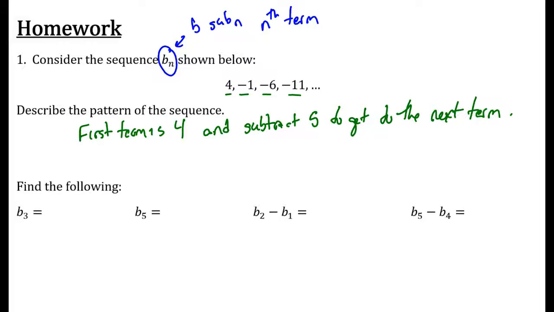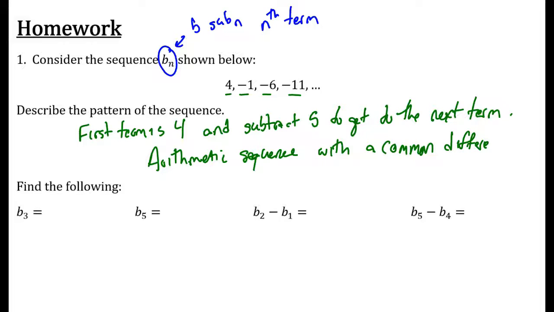Because we have that constant number that we keep adding, or keep subtracting, this is an arithmetic sequence with a common difference of -5, because we keep adding -5 to get to the next term.